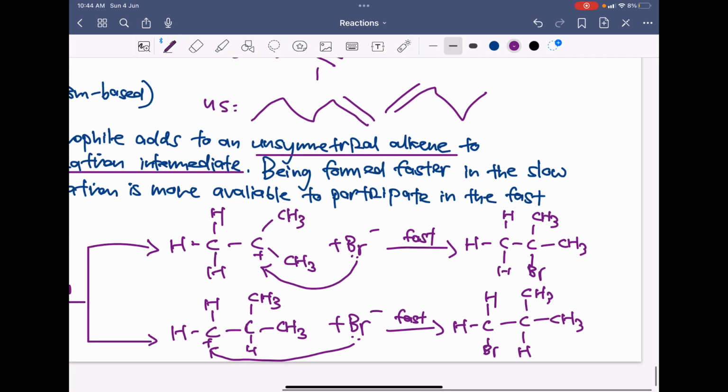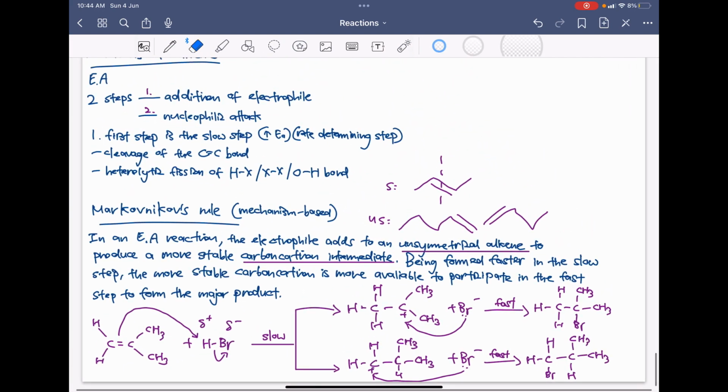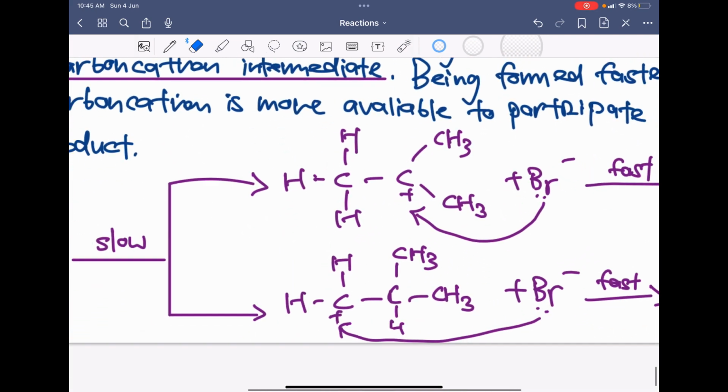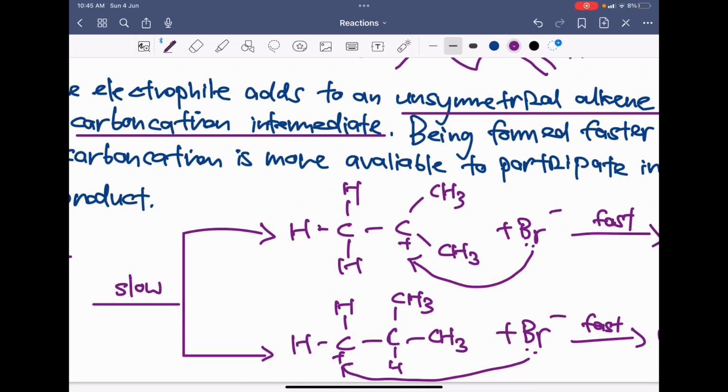If we look back at Markovnikov's rule, the more stable carbocation intermediate. Remember previously when we talked about stability, we were talking about the number of electron donating alkyl groups attached to it. The same concept applies here. So let's look at the two different carbocation intermediates.